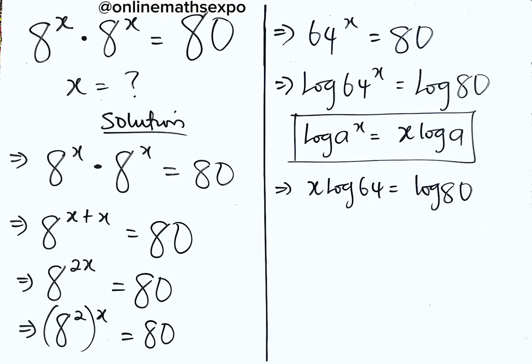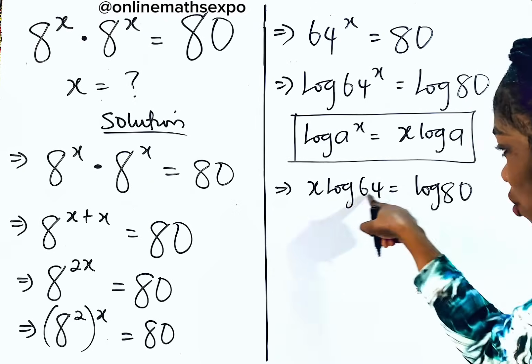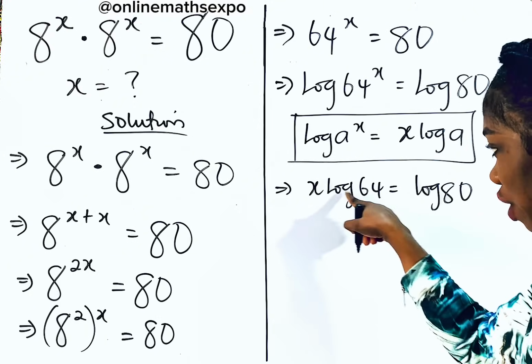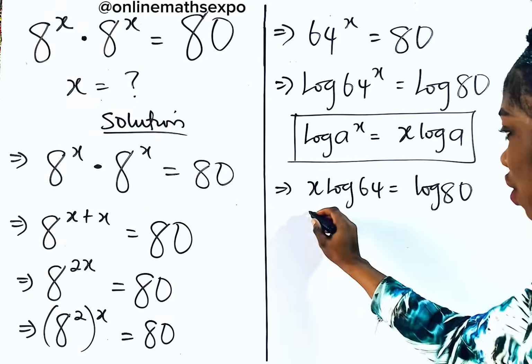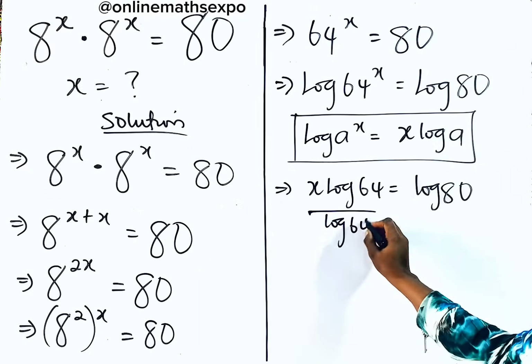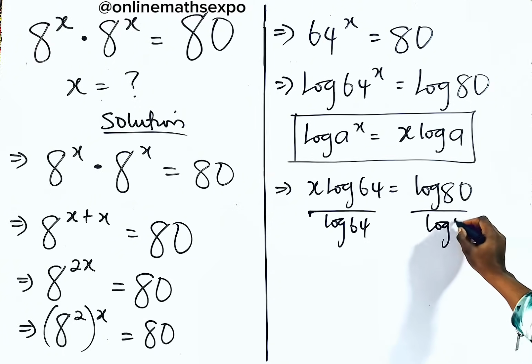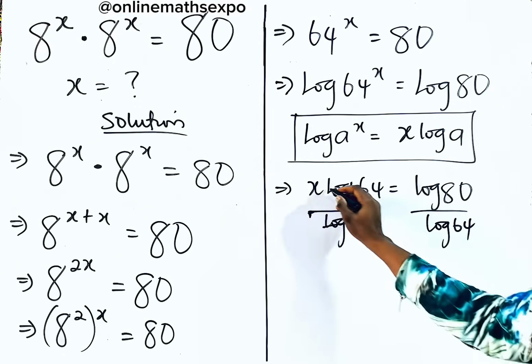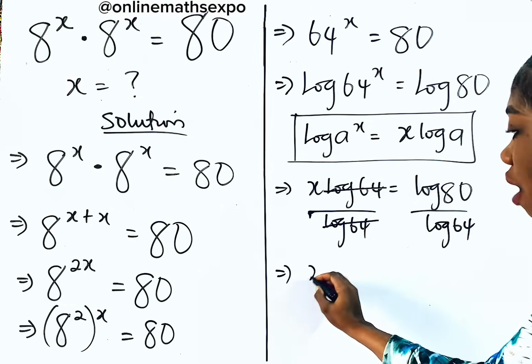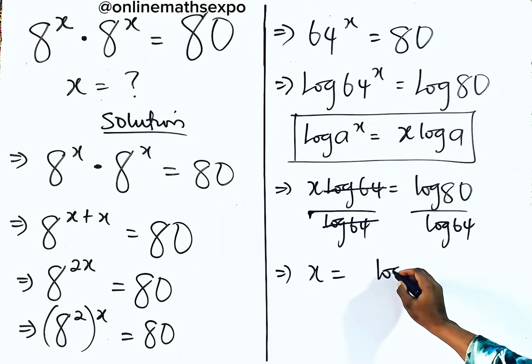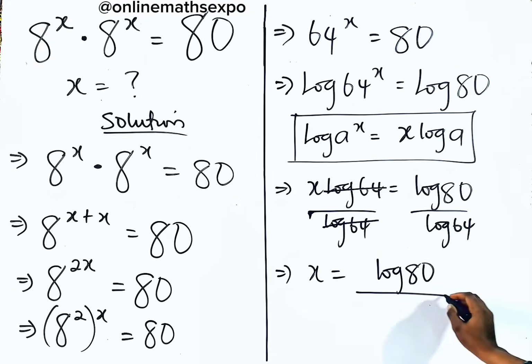Beautiful. So what do you do? To get x, you need to remove this. And to remove it, because it's multiplying, you divide. So we're going to divide both sides by log of 64, okay? When you do that, this takes off this. So we're going to have x is equal to log of 80 divided by log of 64.